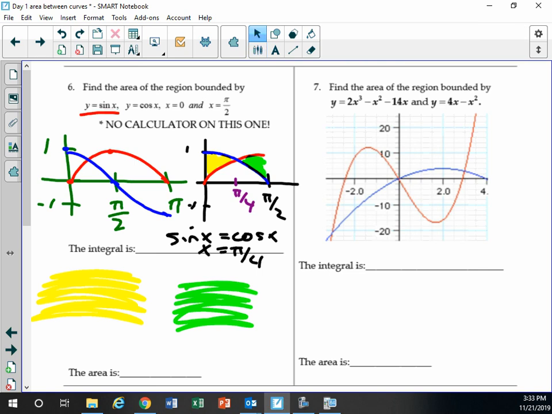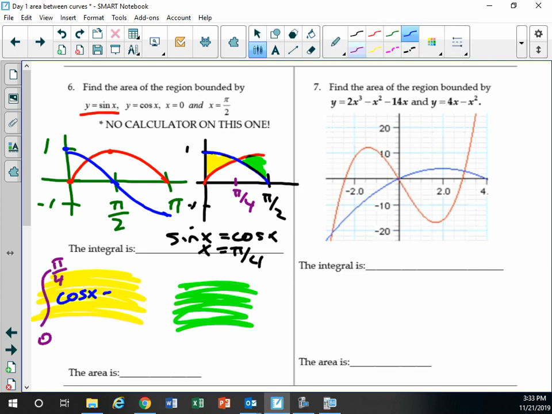Well, ladies and gentlemen, that means that the integration is going to go from 0 to pi over 2, and the top of this yellow piece is the blue, and the blue is cosine. So cosine x minus the red, sine x, plus integration from pi over 4 to pi over 2.